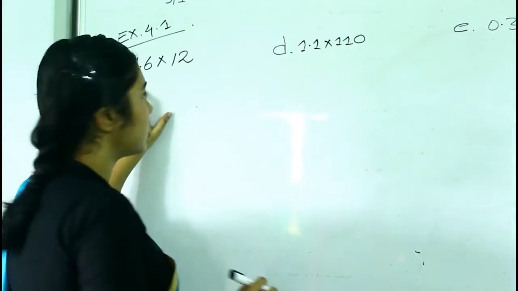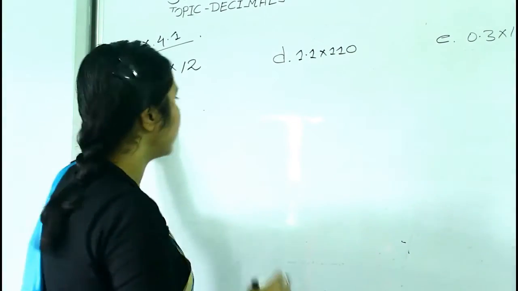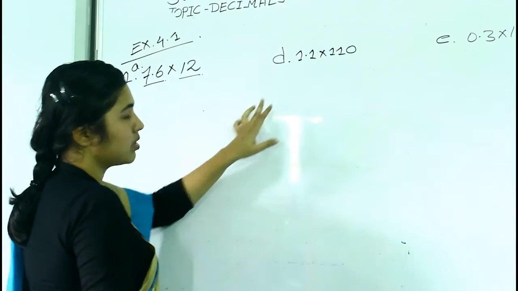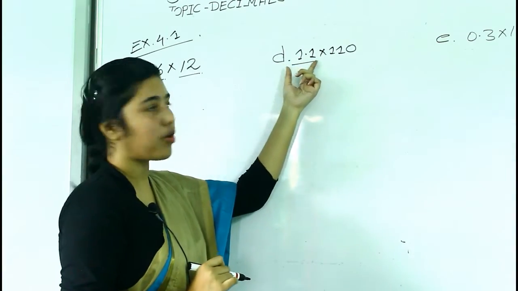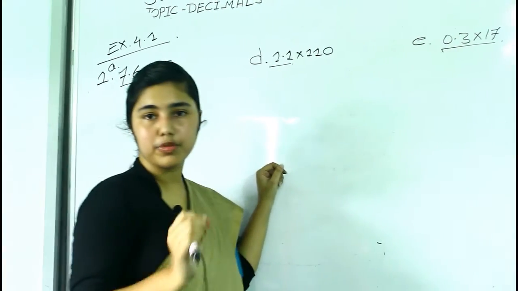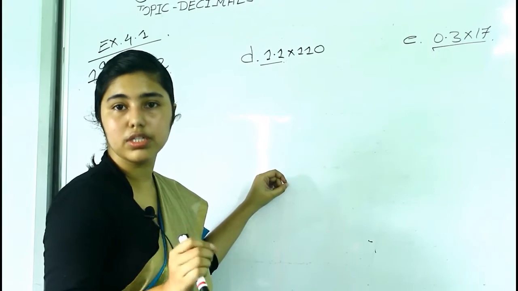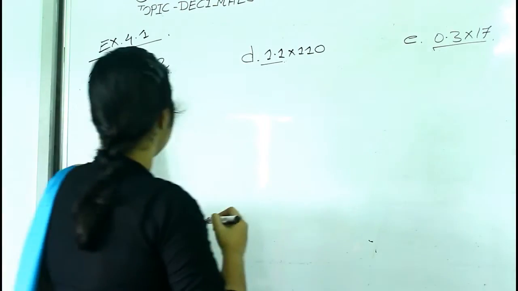Now here in question number A, we have to multiply a decimal number with a whole number. Same for here, we have to multiply 1.1 with 110, and here also we have to multiply 0.3 with the whole number 17. Now what is the process?